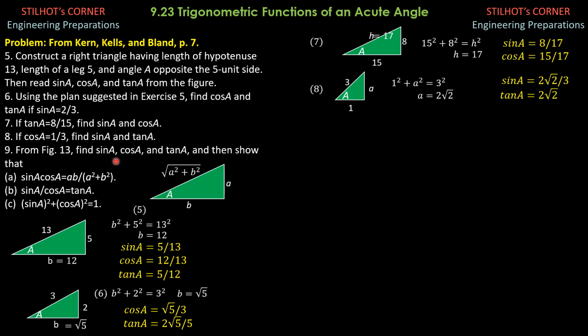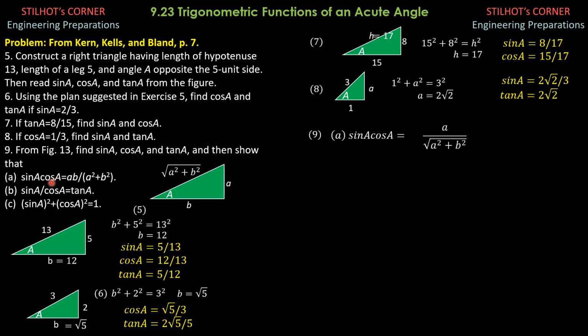Then problem 9, this is the given figure in problem 9. From figure 13, find sine A, cosine A, and tangent A, and then show that sine A cosine A is AB over quantity A square plus B square. So this is the figure 13. So from here, sine A times cosine A: sine A is opposite A over hypotenuse square root of A square plus B square.